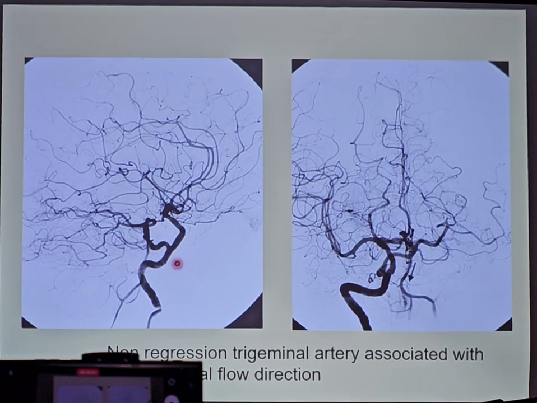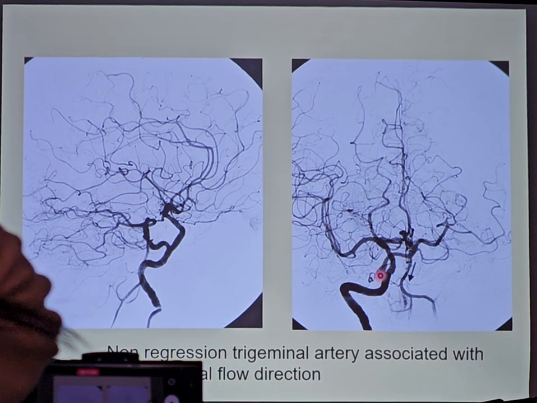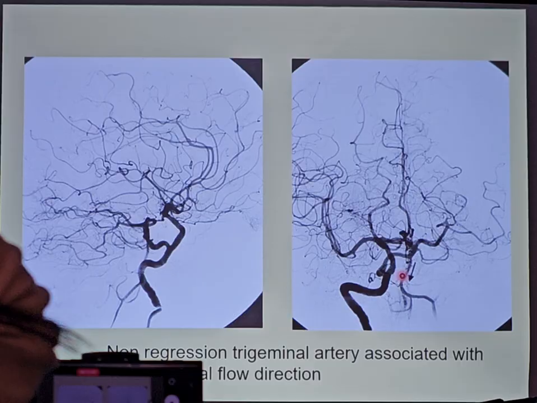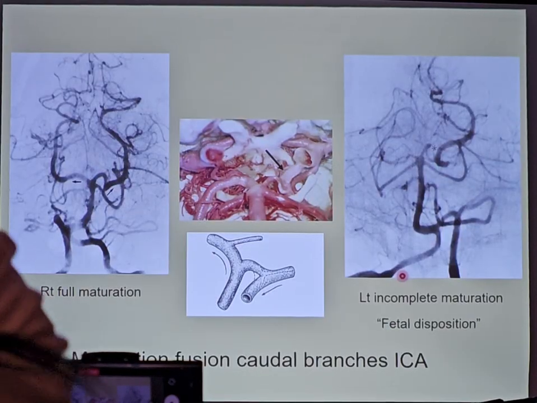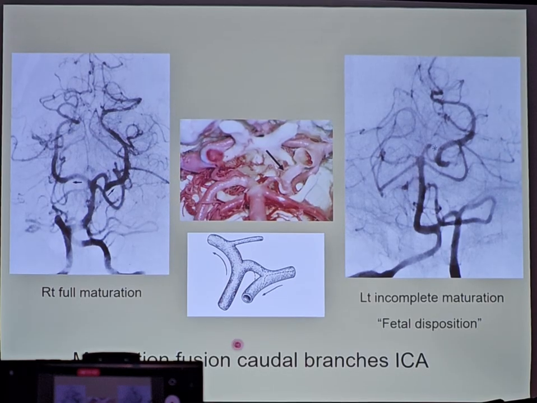Another example, typical. So the origin of the trigeminal artery is always above the AICA and below the superior cerebellar artery. And then depending on the caliber size and lack of regression, you will see different flow phenomena and different caliber size basilar arteries, upstairs and downstairs.